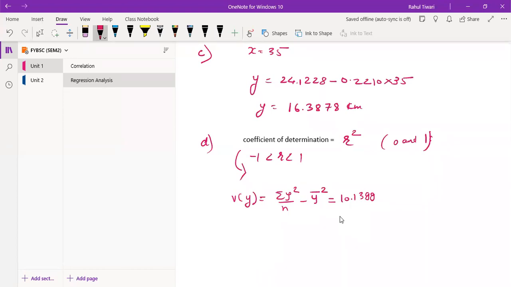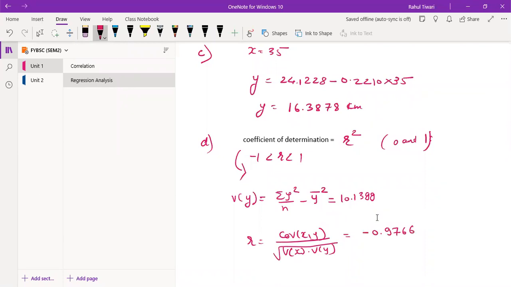And when you substitute this value in R, which is covariance of xy upon the square root of variance of x into variance of y, you will get this result: minus 0.9766.